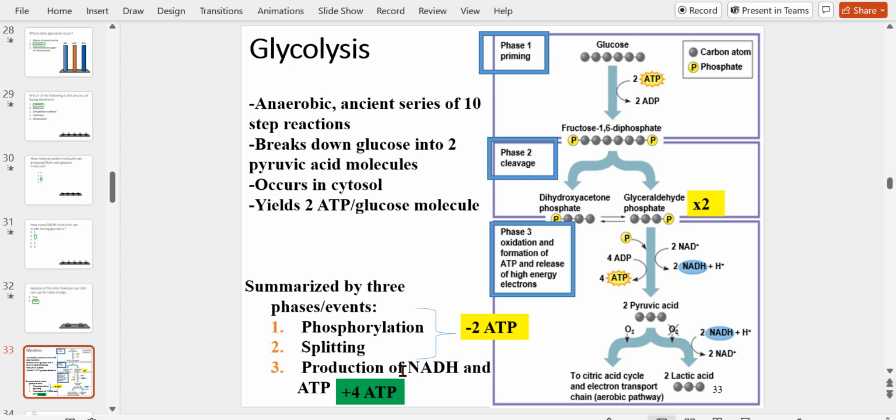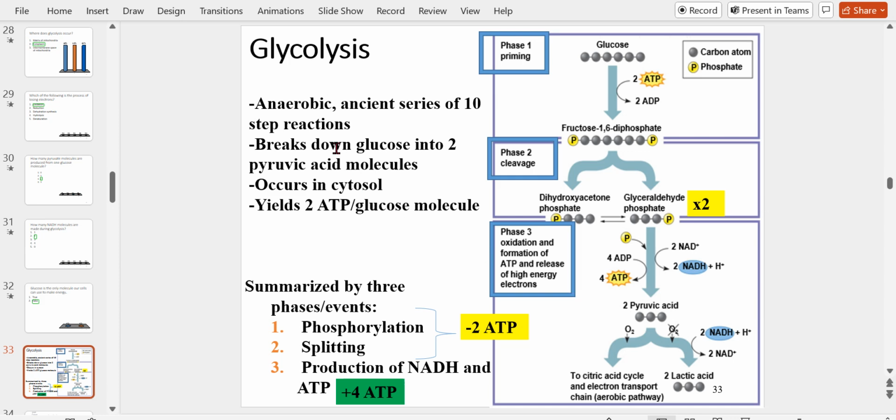Now you're into the production of NADH and ATP. Remember, where you really make your money in all of this is the production of hydrogen ions. If you make any of these hydrogen ions, you're able to throw them on a NAD molecule and save those for later for the electron transport chain.